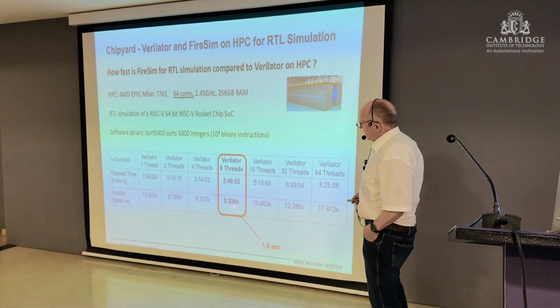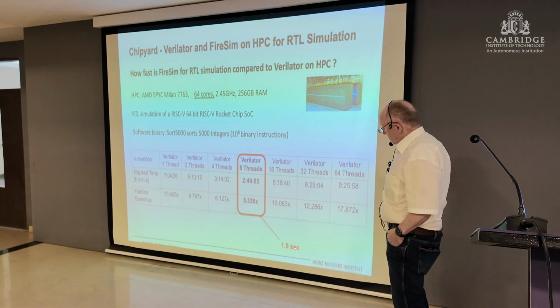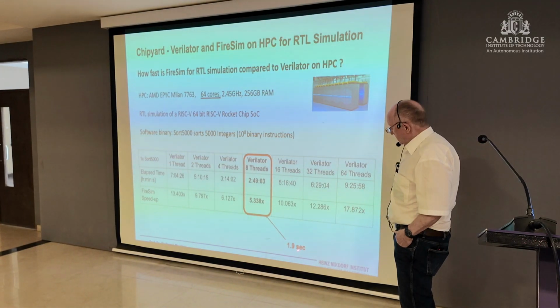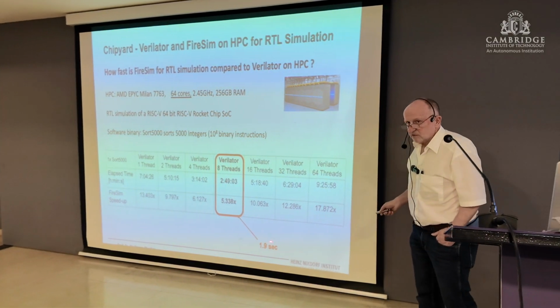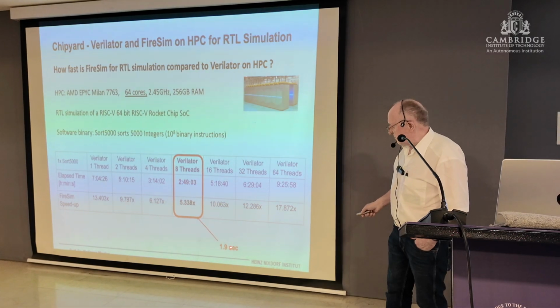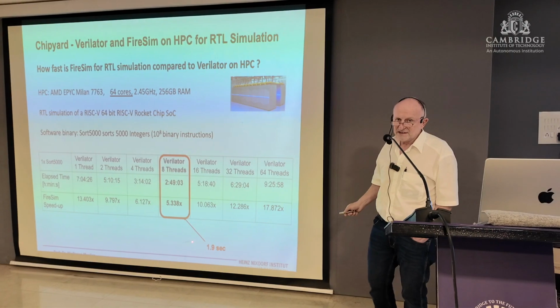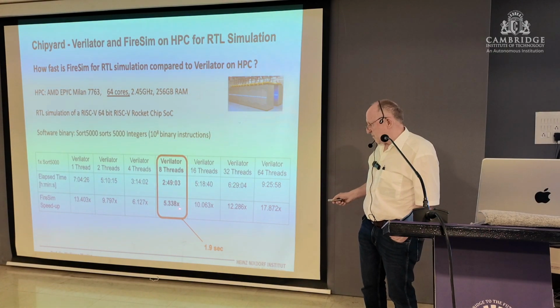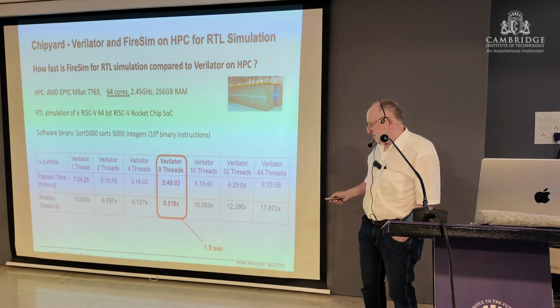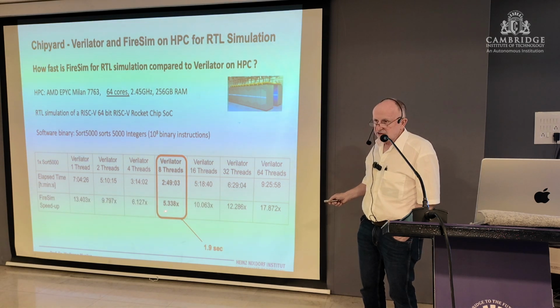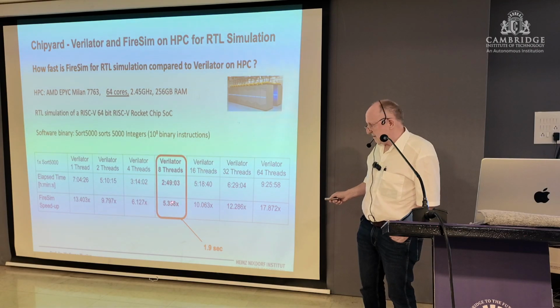Then we arrived at a runtime of the RTL simulation, most of you probably cannot see it, I'm sorry for this, of 1.9 seconds. So this is a speedup of 5,300 times, which is really, really fast.